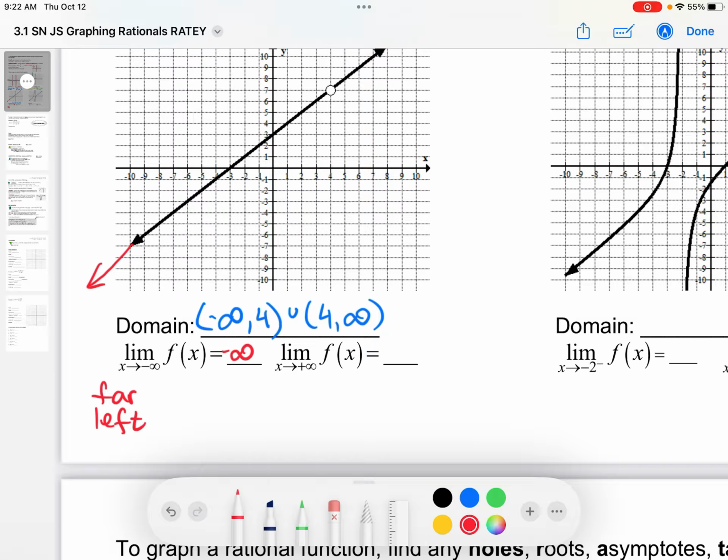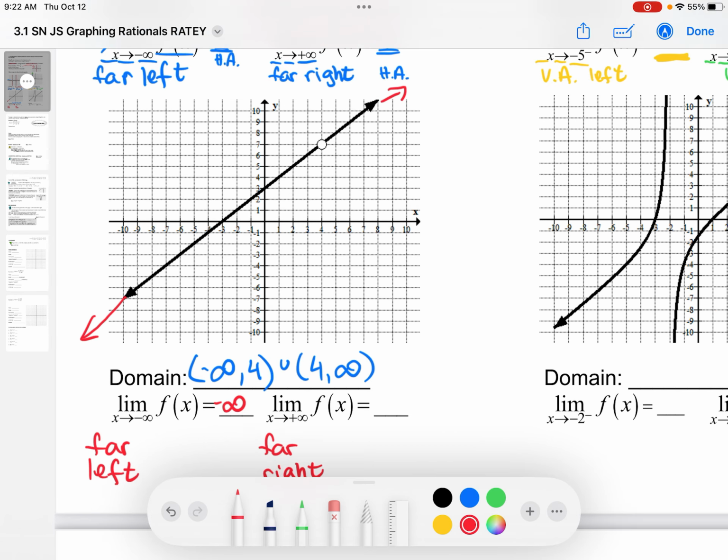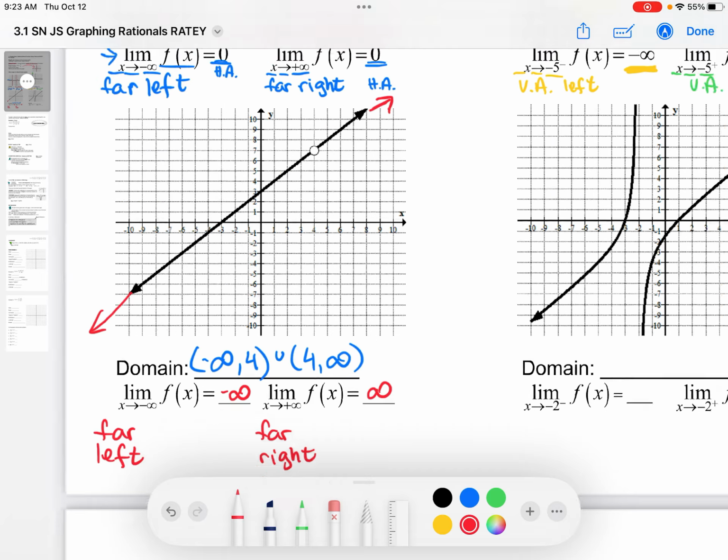So that is going to be approaching negative infinity. Then on the far right, as x approaches positive infinity, we look at what's going on the far, far right of the graph. The y's are going up. So that's approaching positive infinity.